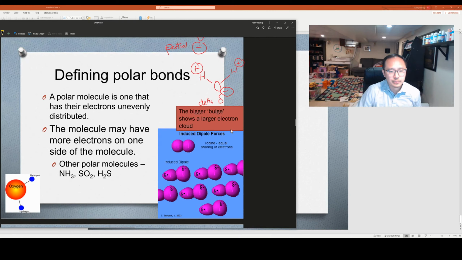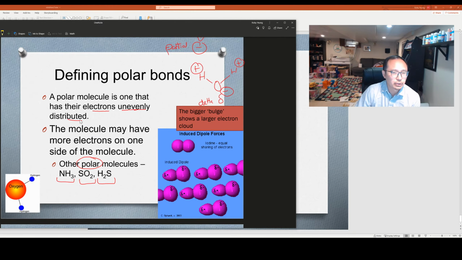Other polar molecules exist as well. It's not just water, but ammonia, sulfur dioxide, hydrogen sulfide, all of these are polar molecules as well. That means their electrons are not evenly distributed.